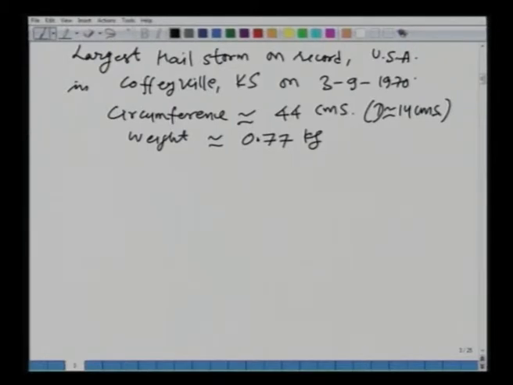Okay, so, moving on, I would like to look at the next and probably the last form of precipitation, which is called sleet. Okay.